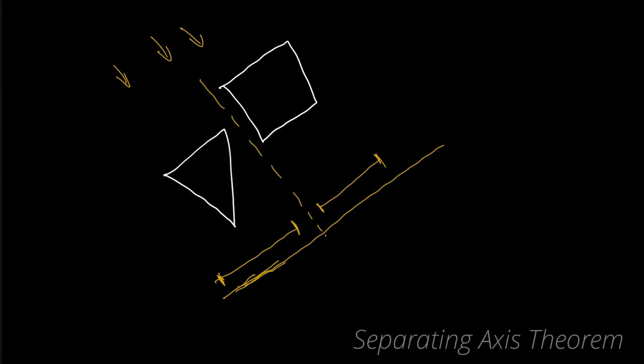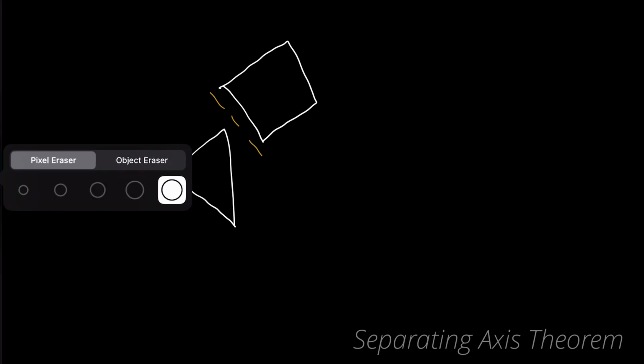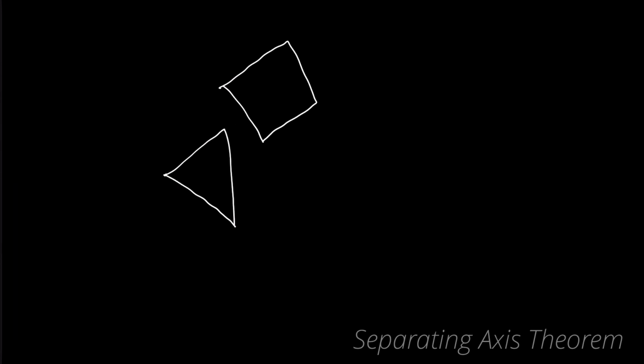Now the difficult part is just finding out this axis, right? Where to use the flashlight from. And what we usually do is we just look at all the corners, right?